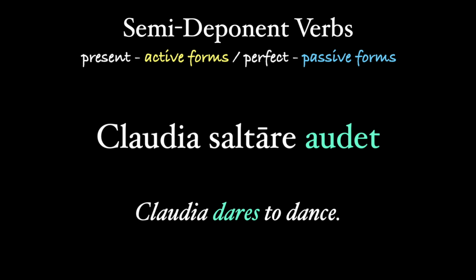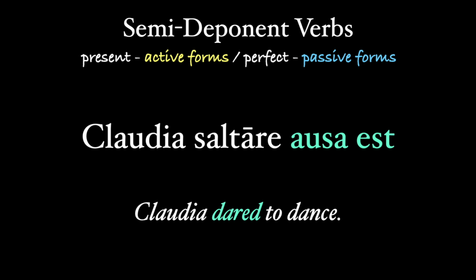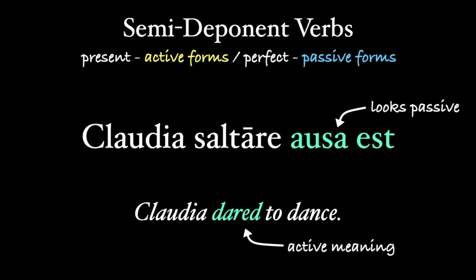So you might say, Claudia saltare audet, Claudia dares to dance, but when we move this thought into the perfect tense, we now have a passive-looking form of the verb. Claudia saltare ausa est. Claudia dared or has dared to dance. Again, the verb ausa est looks passive, but we keep its active meaning.